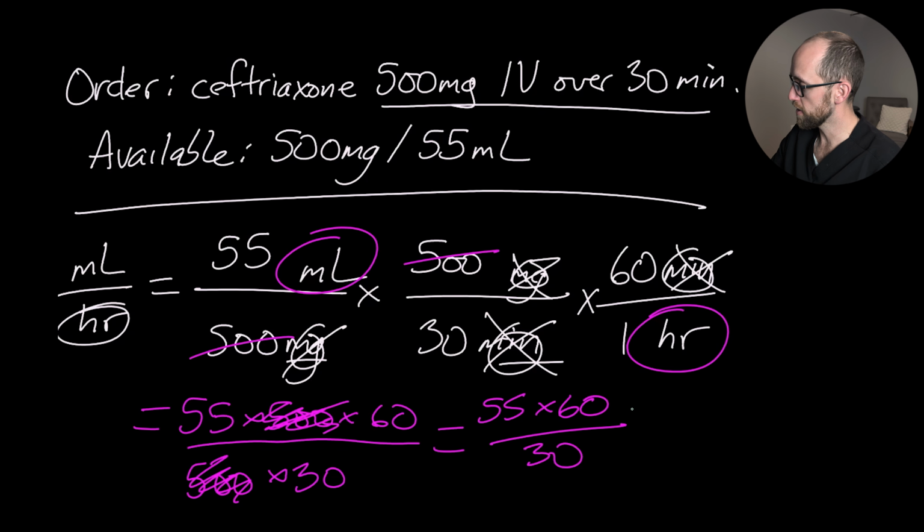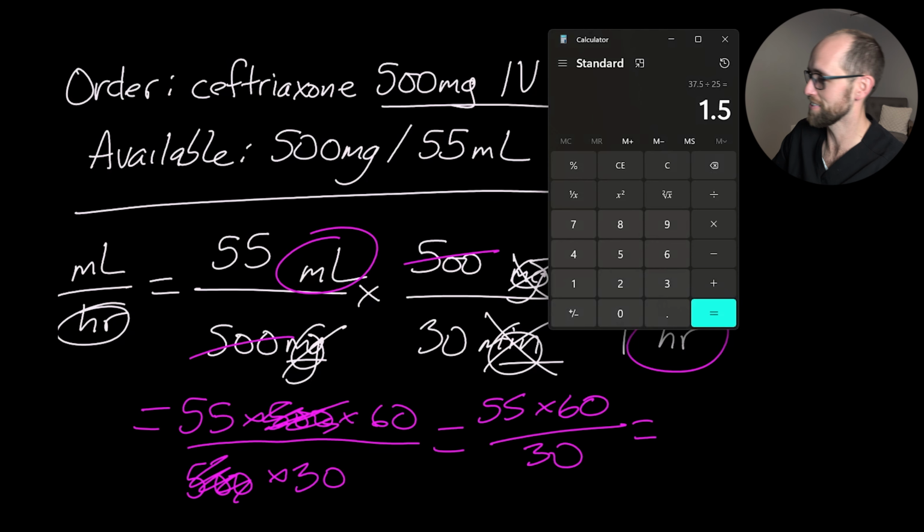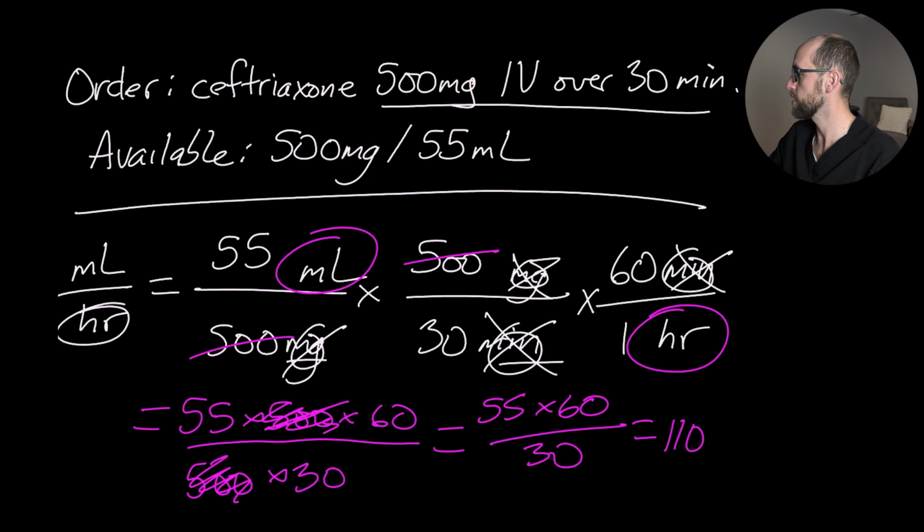And you could simplify that even more, but this is not a math lesson. This kind of is, isn't it? Let's do 55 times 60 divided by 30, and we get 110, what is it?